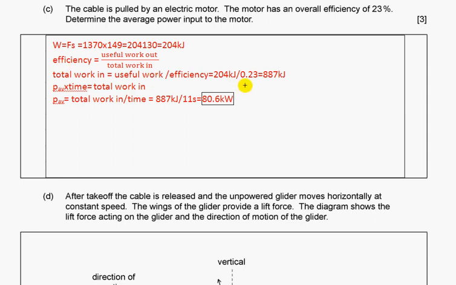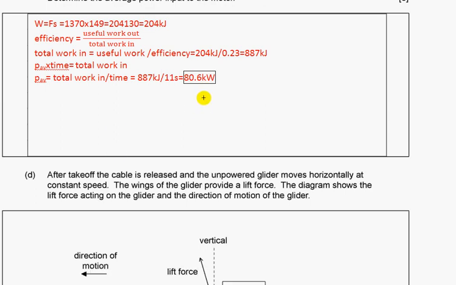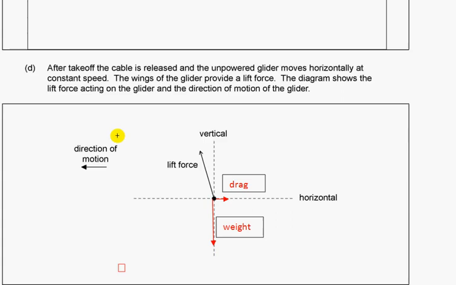So we turn the percent into a decimal, 0.23, and we find the total work in. Average power will be total work in divided by time. So we find it in kilowatts, and again we use 3 significant figures, so it is 8, 0 and 6. Instead of powers of 10 we use kilowatts, so that is one way to show significant figures.